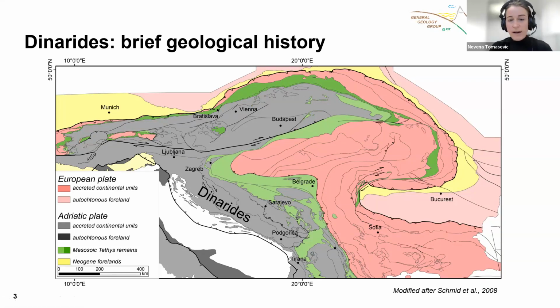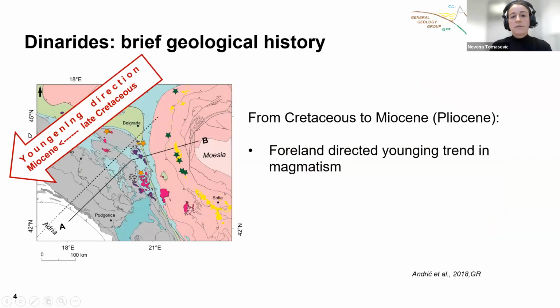This ocean in the past separated Europe, which was in an upper plate position and is shown in this map in different shades of pink, and Adria, which at the time was in a lower plate position, shown in different shades of gray. Since the Cretaceous, when collision started, until Miocene, Pliocene times, the entire orogen was affected by various magmatic phases.